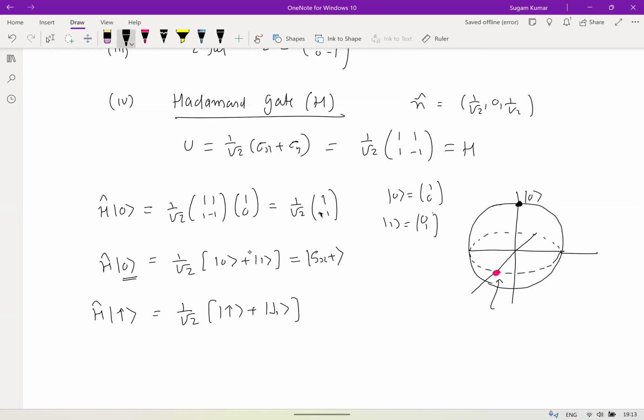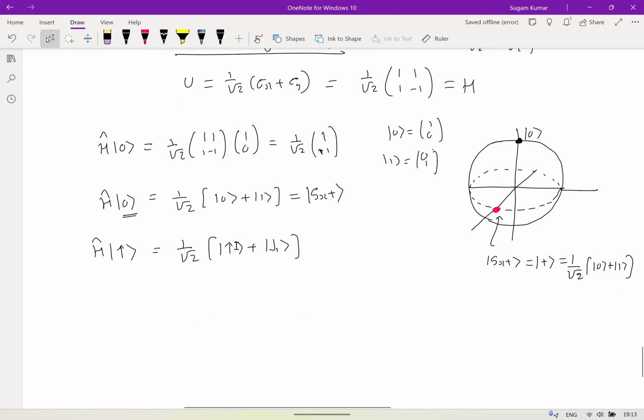This is the state that is called Sx plus, or now I will also call it a plus state. This is 1 by root 2 and 0 and plus 1. If you recall, I told you that the supremacy of quantum computing comes from superposition.